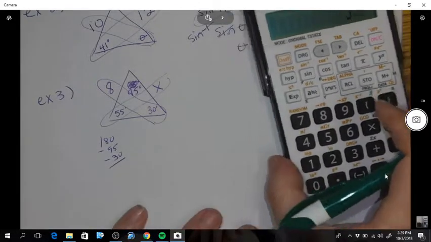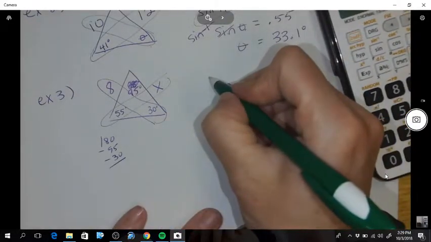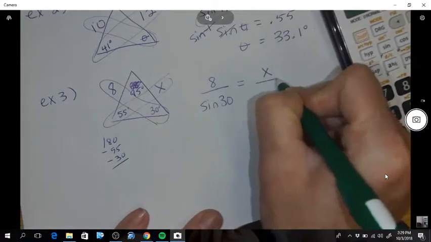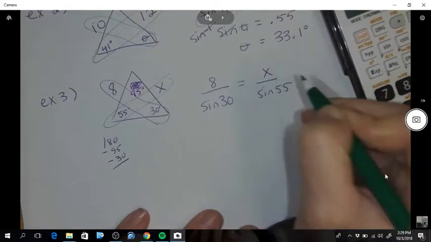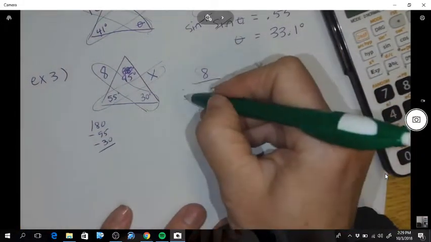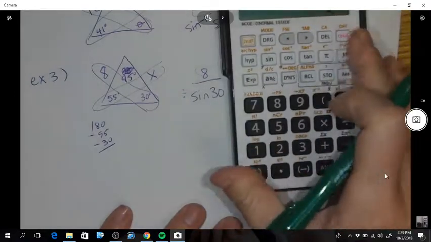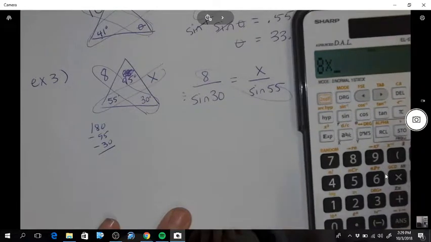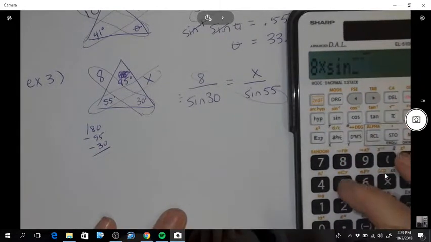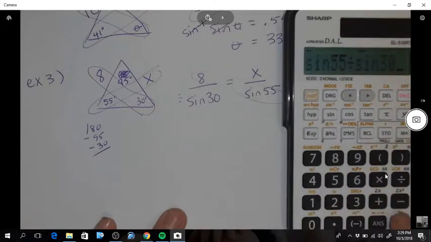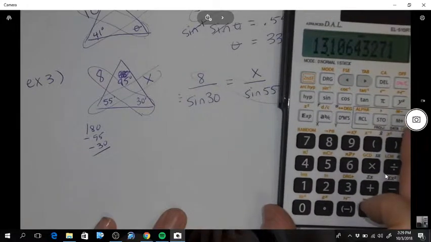Okay, now we can set up our sine law. 8 over sine 30 is equal to the x value over sine 55. Cross multiplying says do that, divide by that. It's a side, so I'm not going to be inversing anything. 8 times sine 55, divide by sine 30. 13.11.